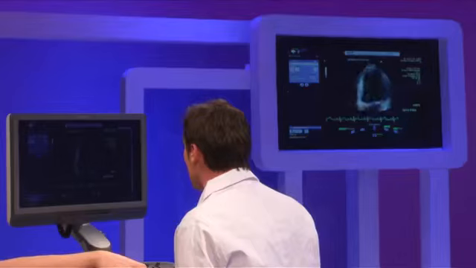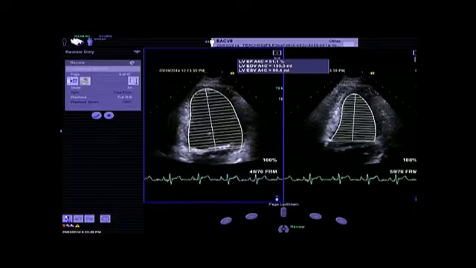And for that, it is recommended to use the biapical modified Simpson method. And here you have the apical views that we have acquired, and here we have the measurement. And when we use the 4-chamber view, we need also to use the 2-chamber view.